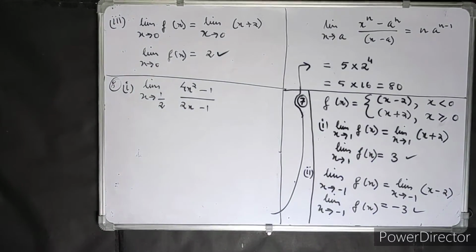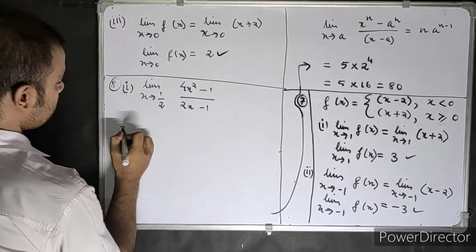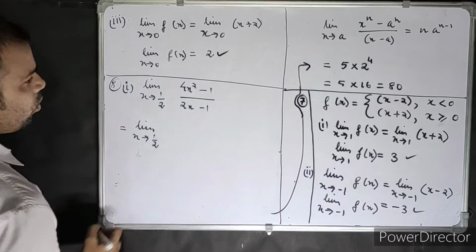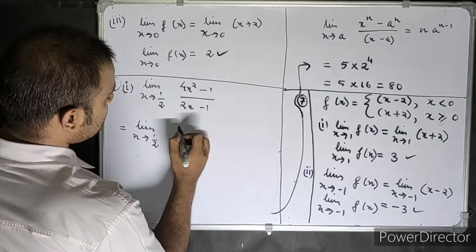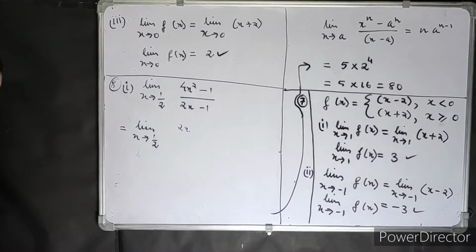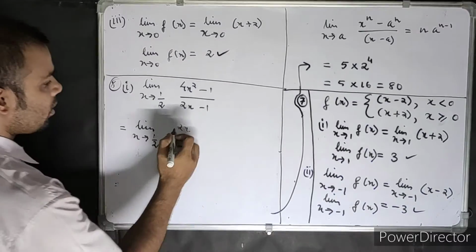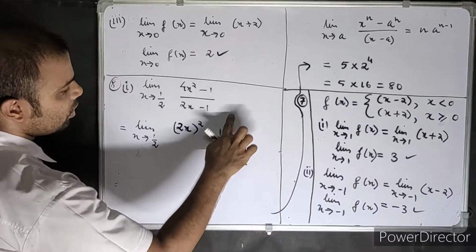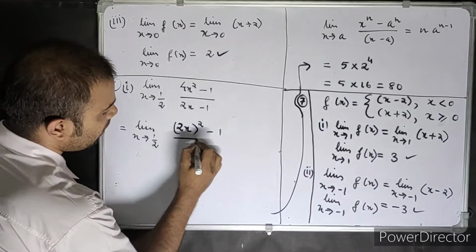So what are we going to do over here? Don't put half, because you'll find we're going to get 0 in the denominator. So this will be 2x whole squared minus 1 squared. Nobody writes that, please don't write it.